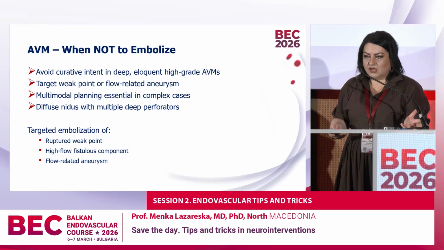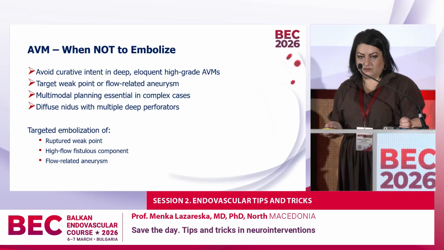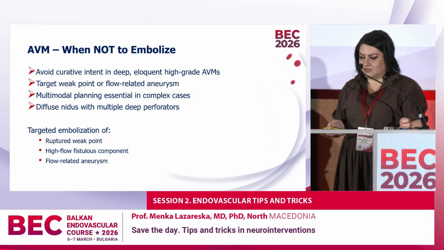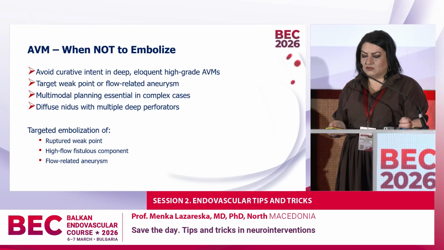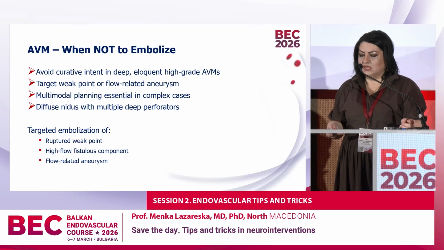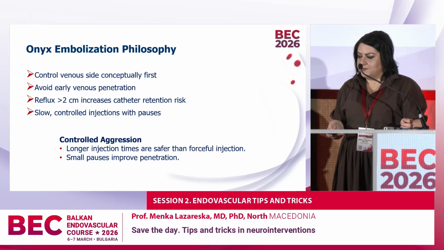For AVM, we should avoid curative intent in deep, eloquent, high-grade AVMs. We should embolize the target weak point, flow-related aneurysms, and high flow fistula components. Don't touch the diffuse nidus with multiple deep perforators.